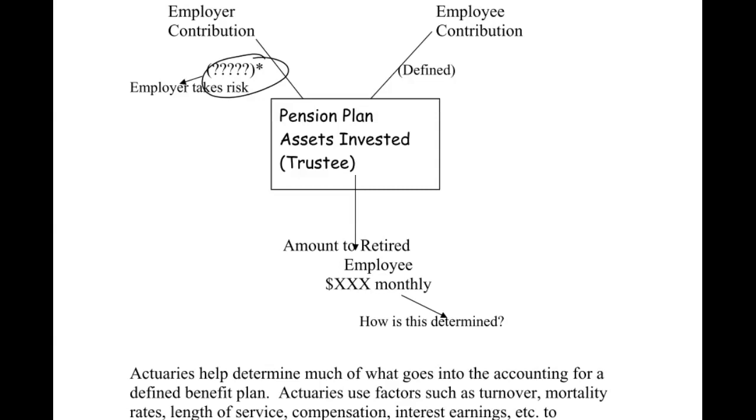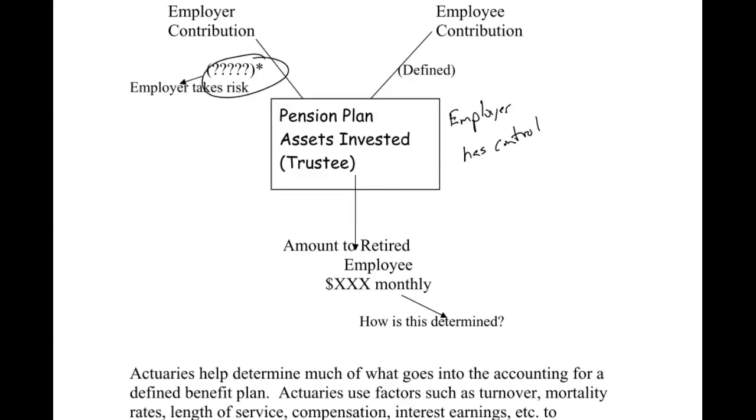They have to make sure that there's enough money in the plan to pay all their retired employees. The money still goes to a trustee. The main difference here is the employer has control, meaning you, the individual, have no control over how this money is invested. So that's something to consider as well.